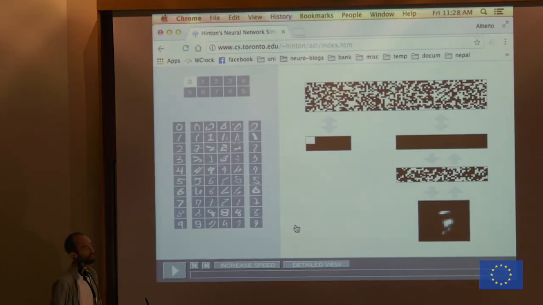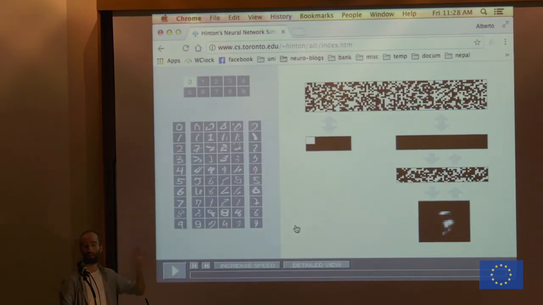But of course, the more specific the representation becomes, for example, some neurons only fire for the digit 7, the less it can be used for representing something completely different. Maybe you can use the neuron firing for the 0 to represent the letter O, because they are basically the same. But if the patterns are very different, the more specific the neurons are, the harder it is to generalize to other types of structures.